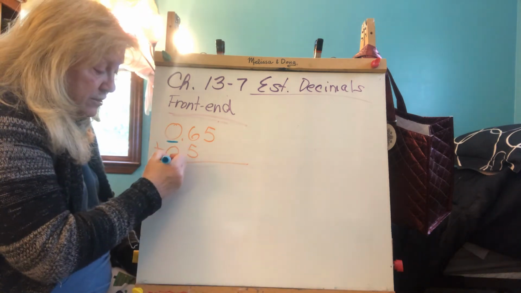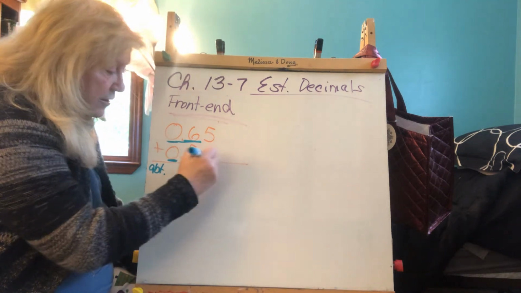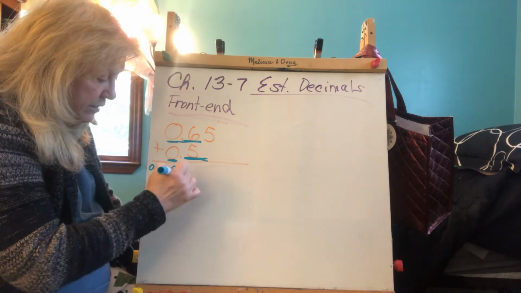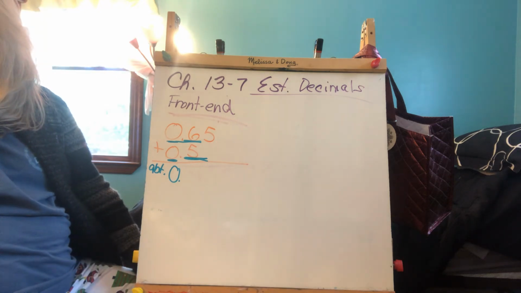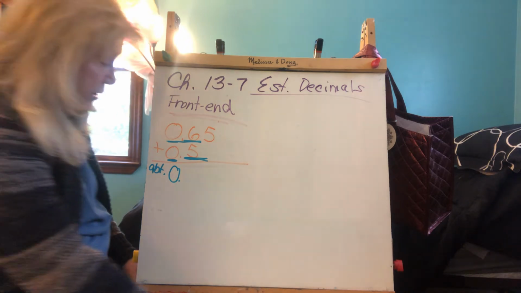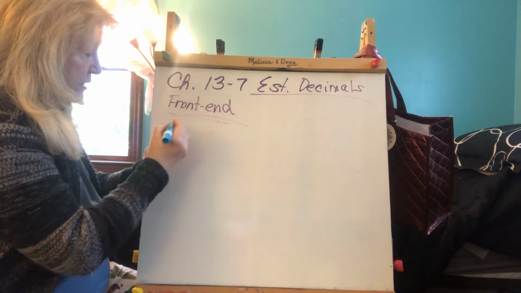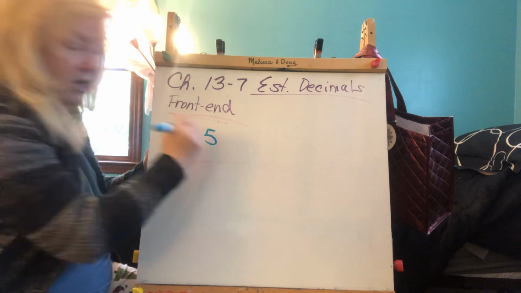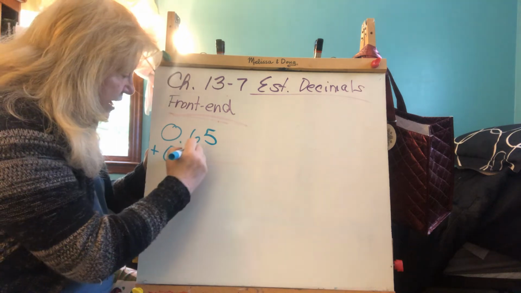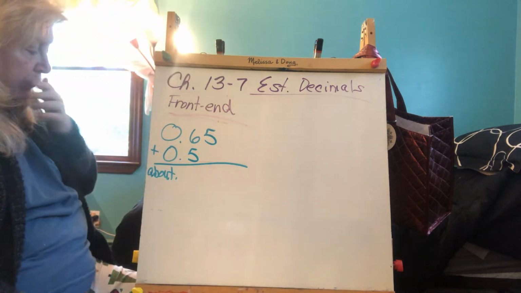These are zeros, so we're not going to use them. We actually have to go to the next ones, 6 and 5. Let's rewrite this problem so we can see it better. 65/100 plus 5/10. There we go. Now we can see it. I'm going to put my about in my answer so I don't forget. Okay, about.